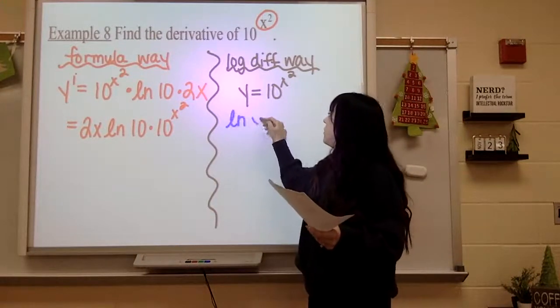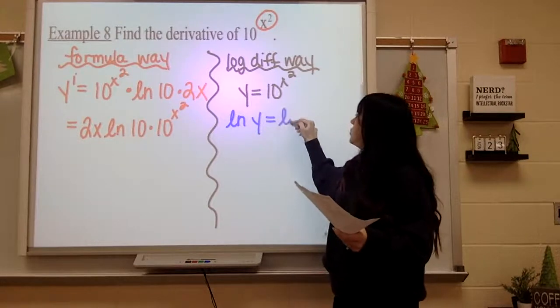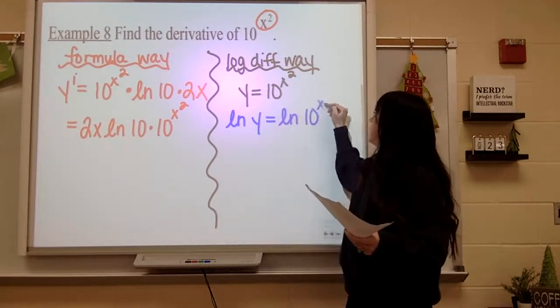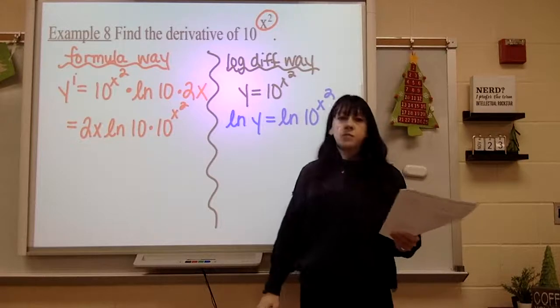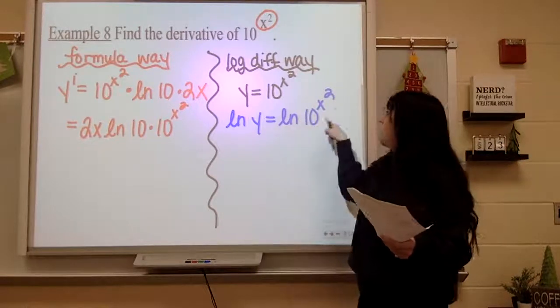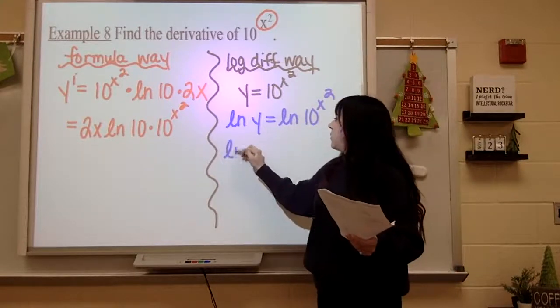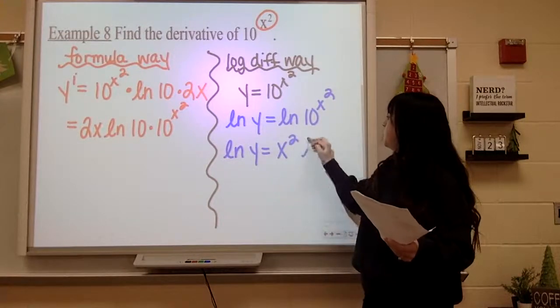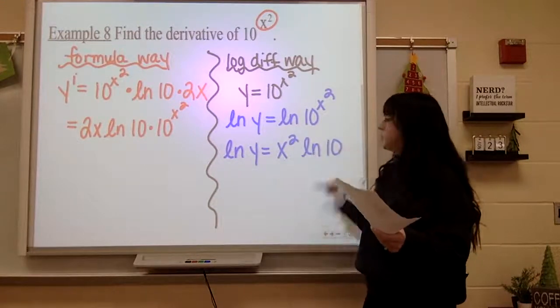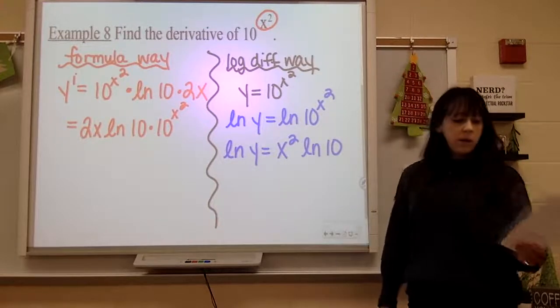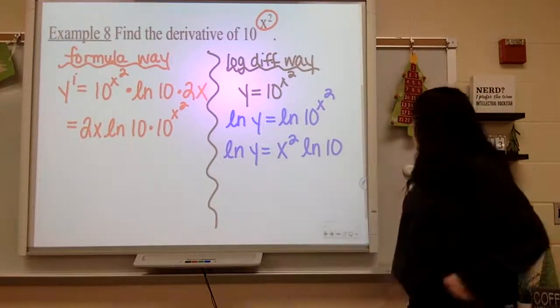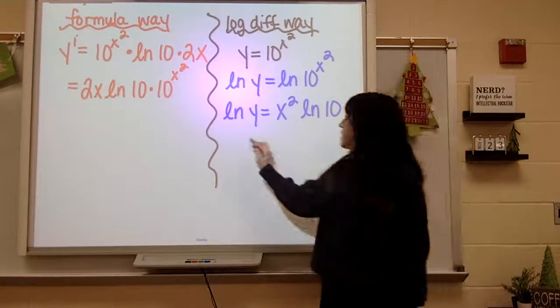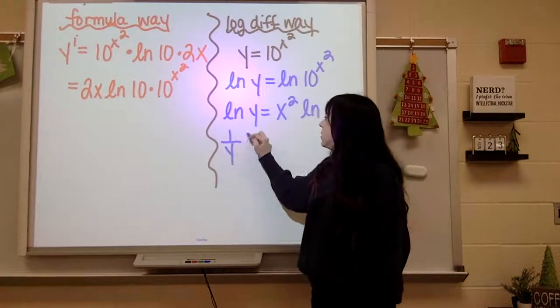Apply a logarithm to both sides. Use logarithm properties to clean this up. So bring the exponent to the front, like x squared ln 10. Take the derivative of both sides.